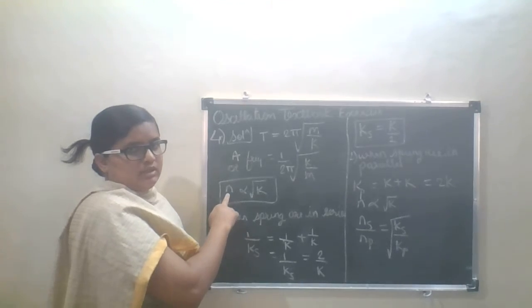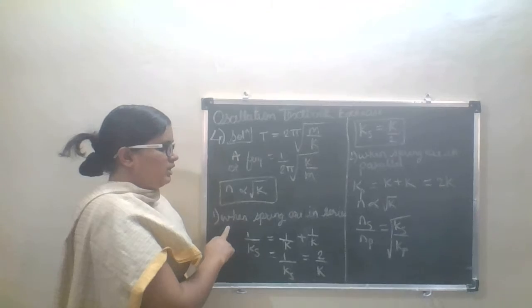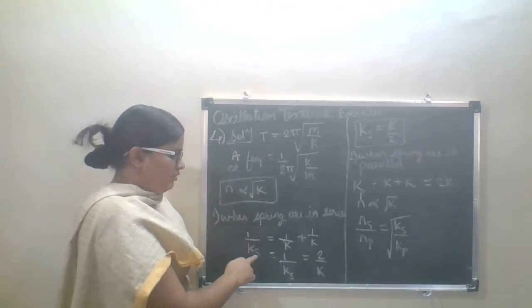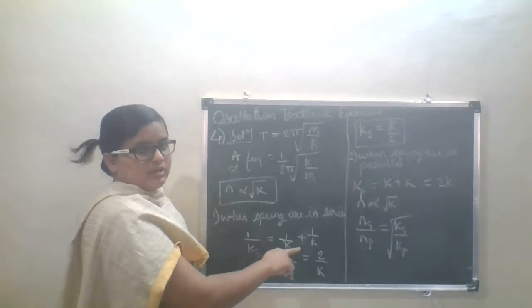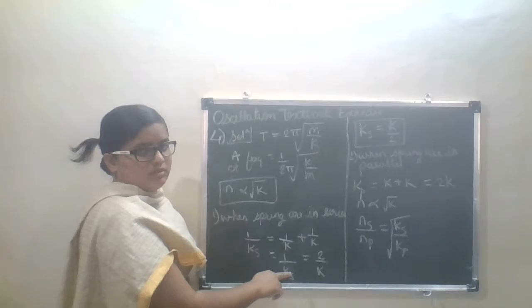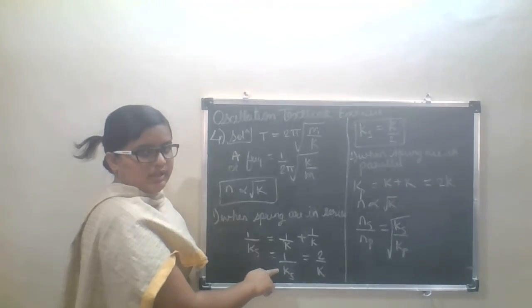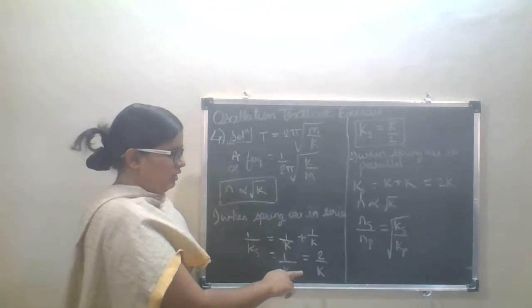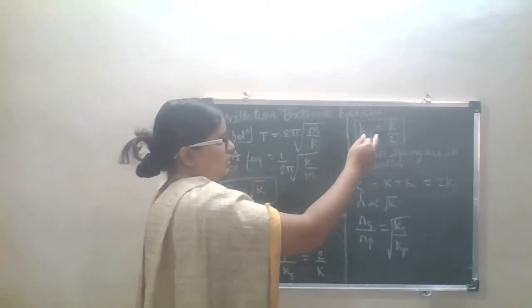And k is m omega square. When the springs are connected in series, then for series, k suffix s is given by 1 upon ks is equal to 1 upon k plus 1 upon k, which is 2 upon k, and then ks is equal to k by 2.